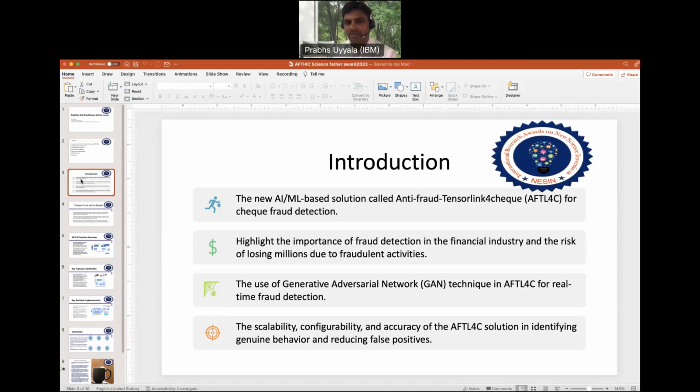It highlights the importance of fraud detection in the financial industry and the risk of losing millions due to fraudulent activities. Check fraud is one of the biggest frauds in history since the 1920s. Checks have been around for 600 years, but check fraud came into the limelight from the 1920s and 30s onwards.